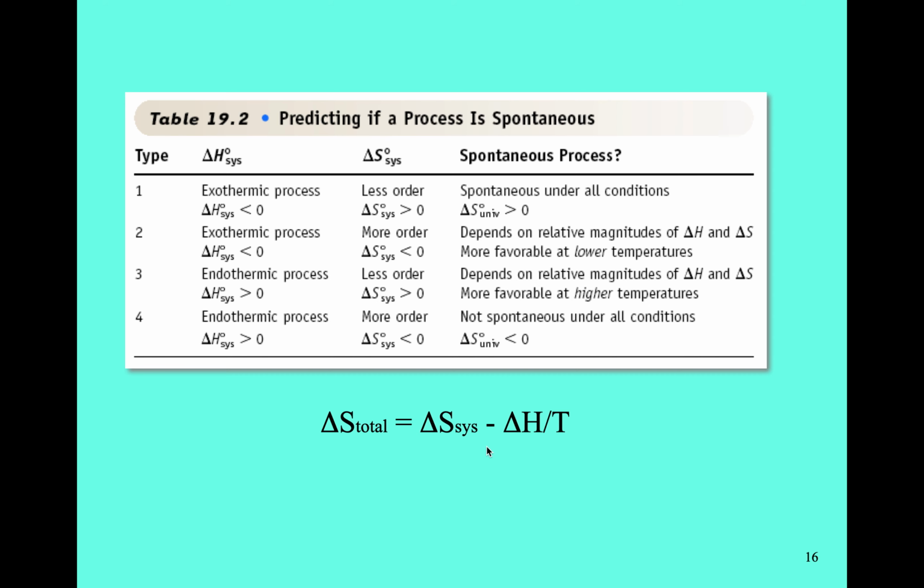So if this is positive and this is positive, then the change will be spontaneous under all conditions. Now they call delta S tot delta S universal, but that doesn't matter. So if the enthalpy change for the reaction is exothermic, it's negative, and the system is positive, then it will always be positive. Okay.